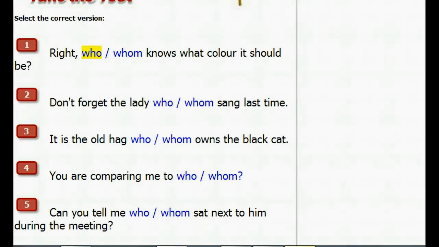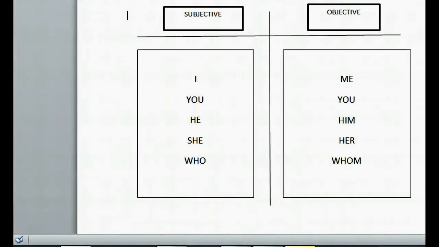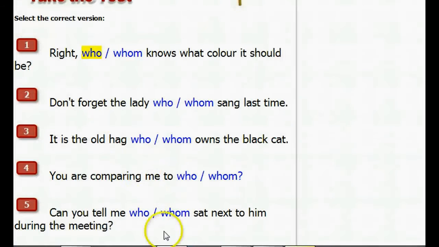Well, we look back at our chart. If it's the subject, then again, it's going to be who. So going back to the quiz, don't forget the lady who sang last time. So we'll click on who for that one.